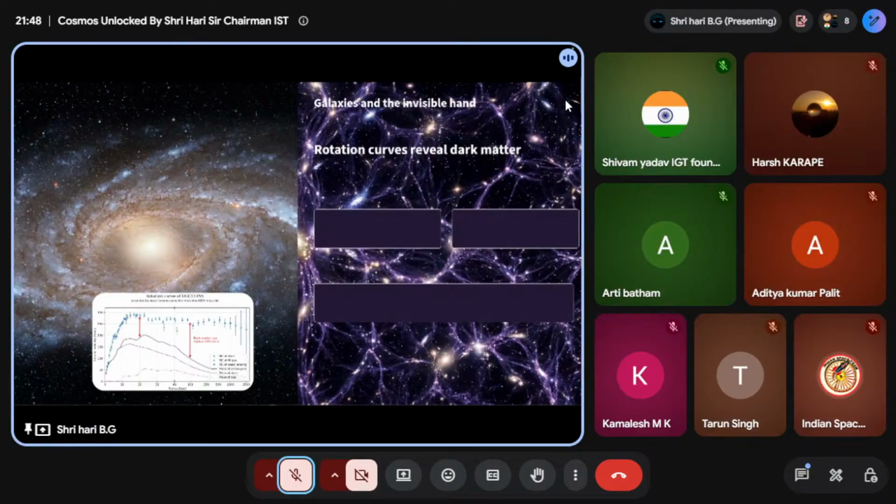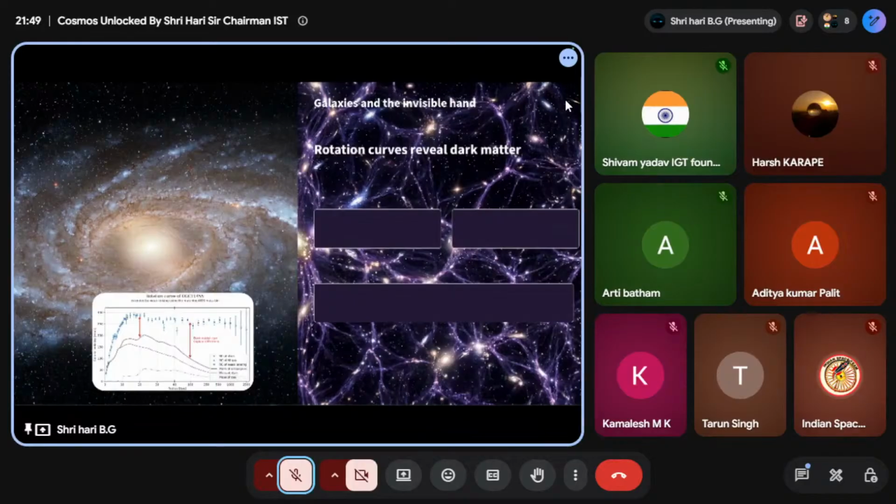We have supercomputers, so many computers, quantum computers, so they don't make such a big blunder. So in the end we came to know that this is due to dark matter, the matter which we don't know about, so we call it dark matter. It is something dark, we don't know what it is.